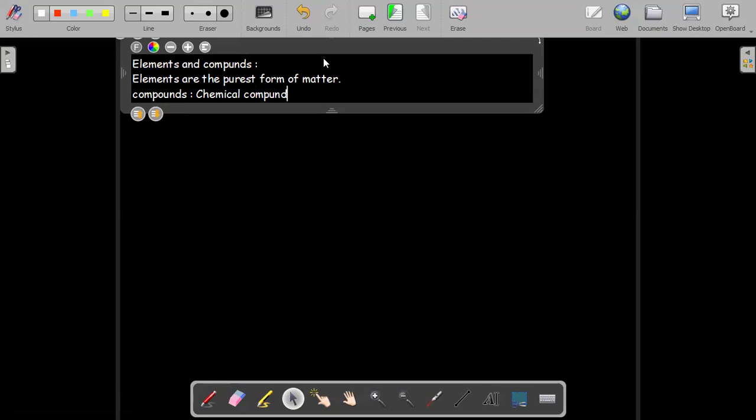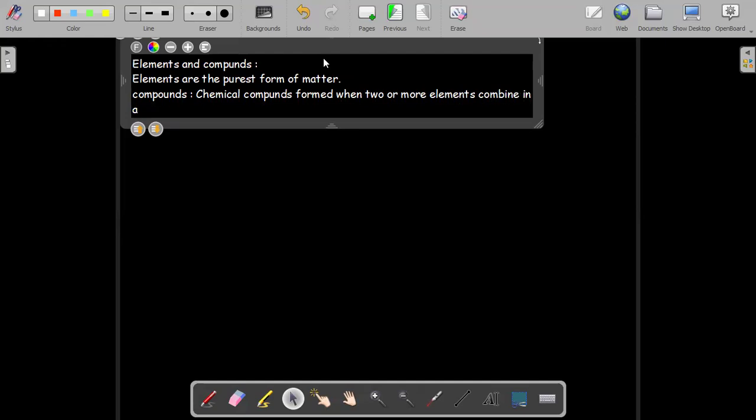Chemical compounds are formed when two or more elements combine in a fixed ratio by mass.